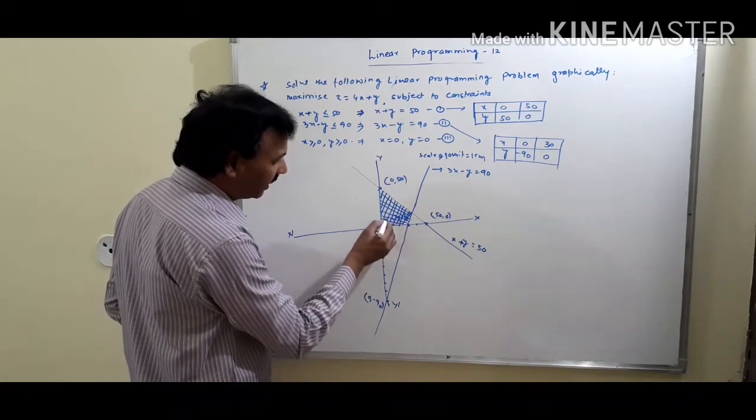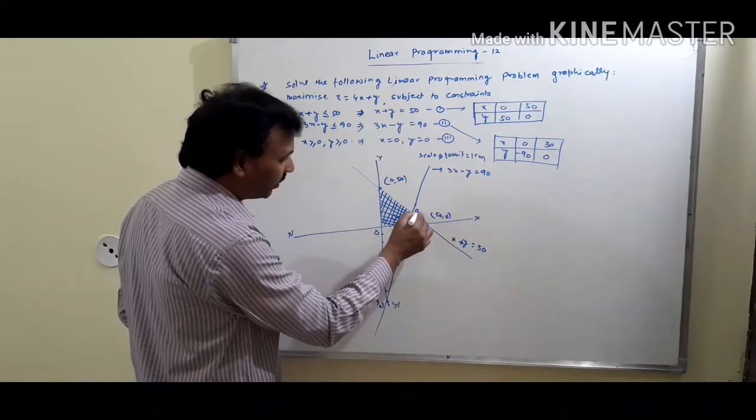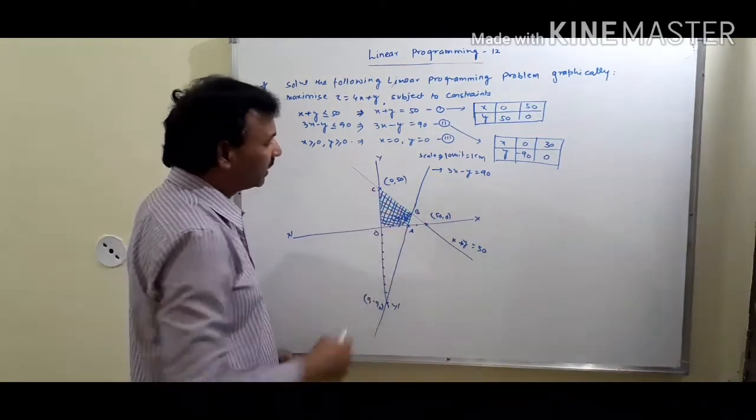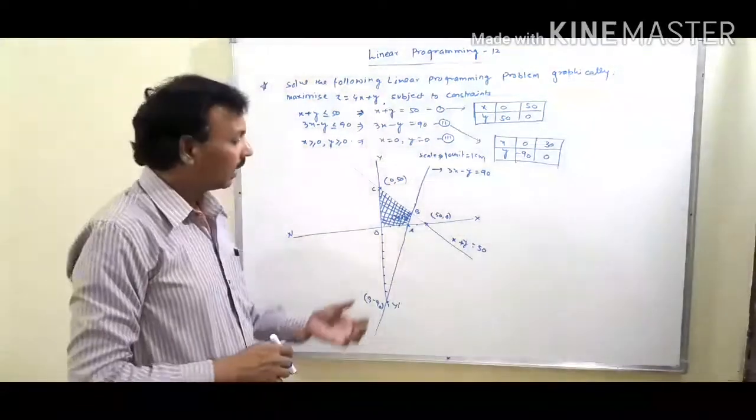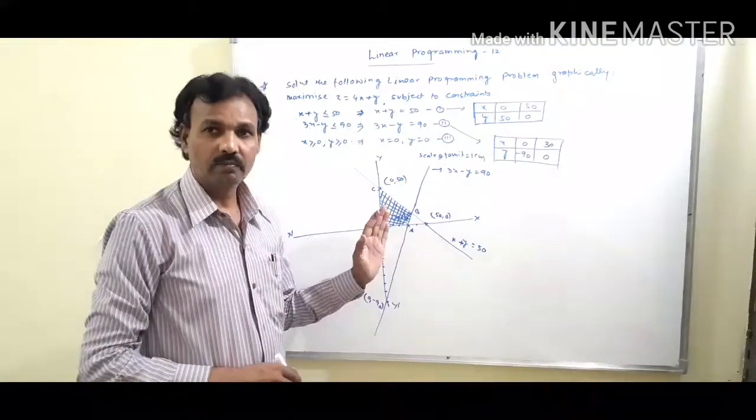Now you can see this region O, A, B and C is the common region, and this region is known as the feasible region.